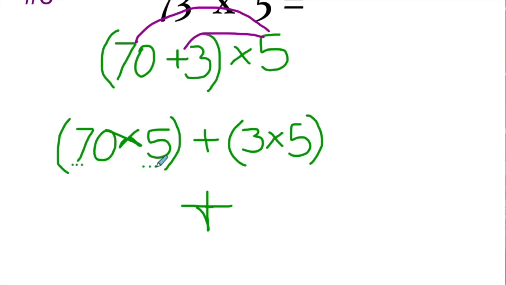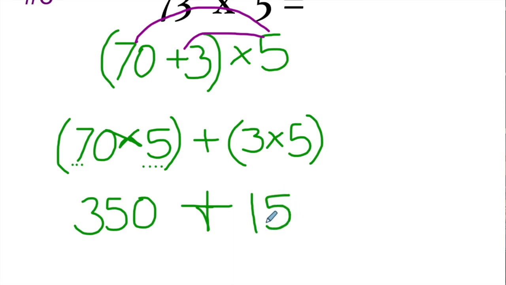Start there. 7 times 5. 5, 10. Counting by 5s is 35. Walk your 0 to the end, 350. Now let's solve for 3 times 5. 3 times 5, 5, 10, 15.